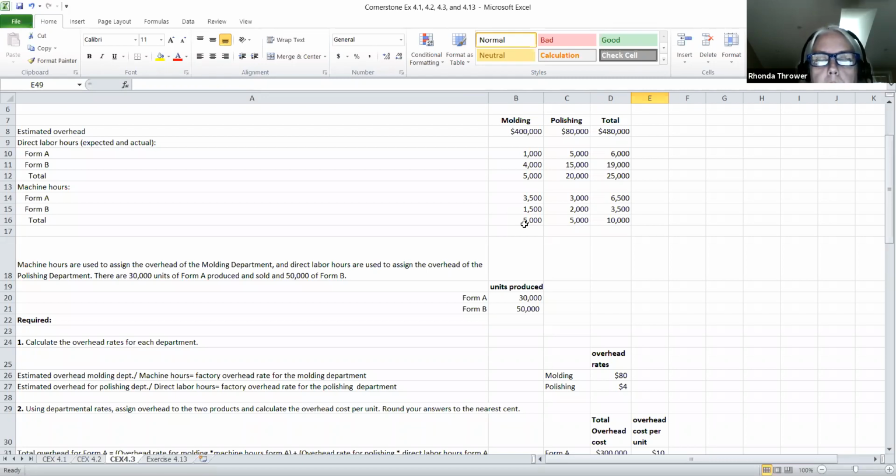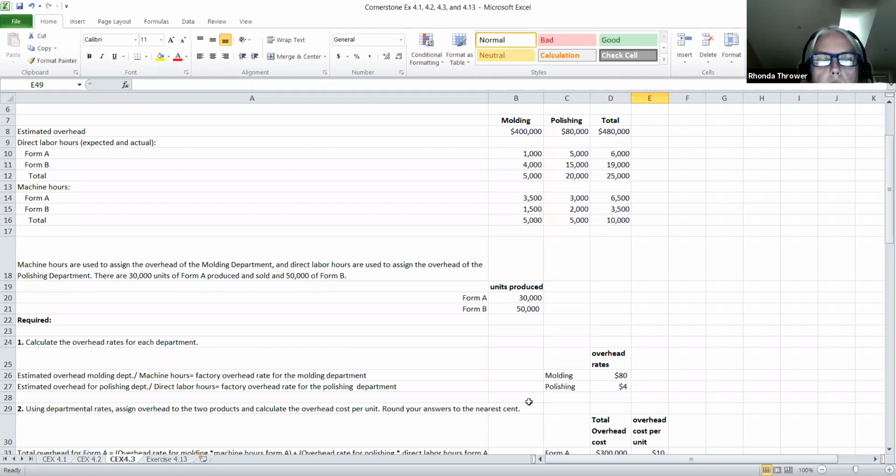But make sure you pick up machine hours and read this carefully. So 400,000 divided by 5,000 machine hours is $80, our molding department overhead rate.